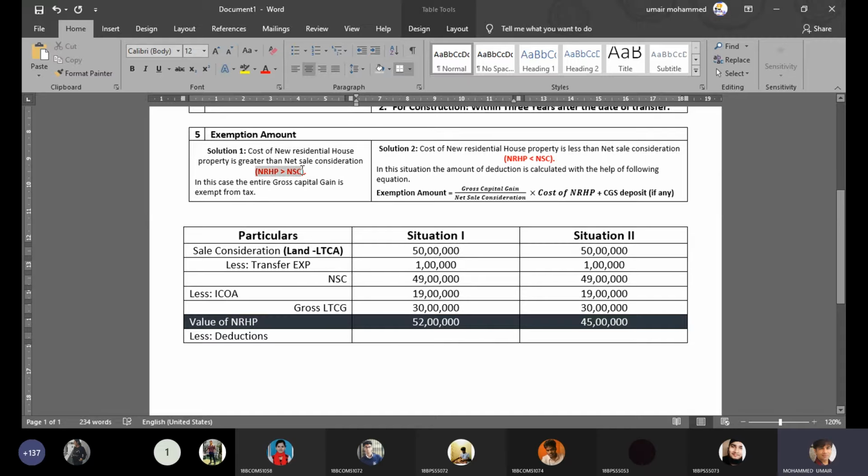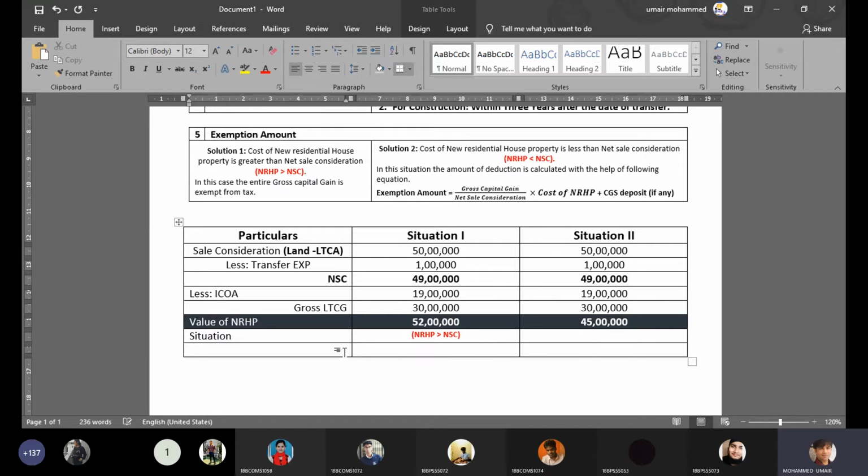The situation here is the value of new residential house property is more than net sale consideration. So therefore, what happens? No need to use the formula. Entire gross capital gain is exempt.